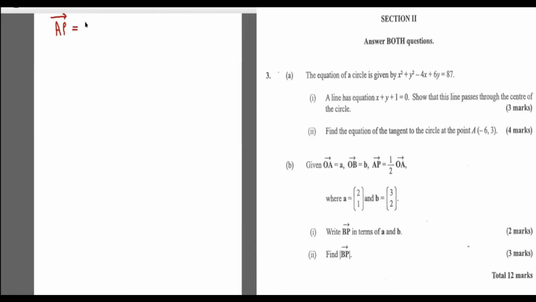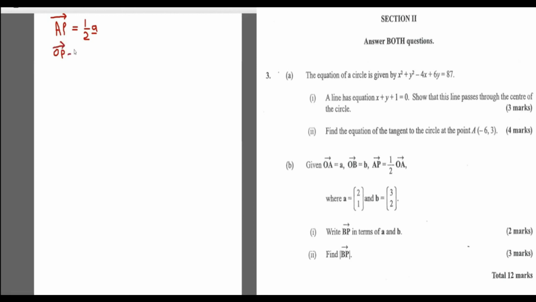So they told us that AP is equal to a half OA, which is really saying AP is a half A. Now, AP is really OP minus OA.